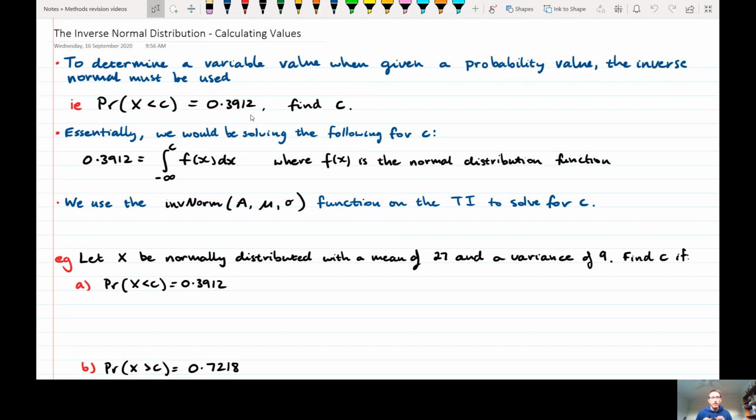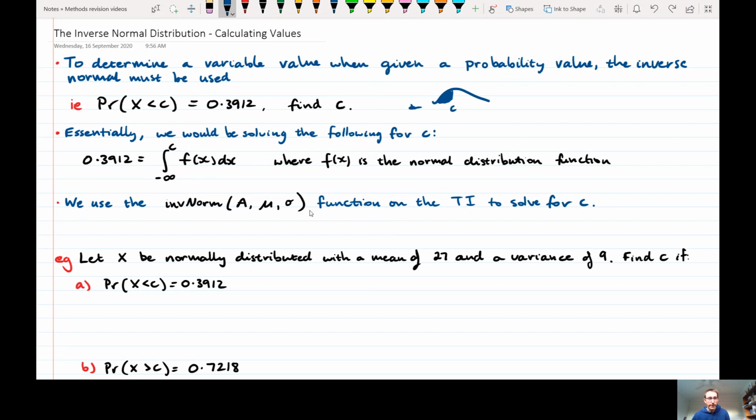When I'm drawing a bell curve, there's some value, maybe C is there. I know that area is 0.3912. So I have to find the integral from down this end up to C of the function and put it equal to 0.3912 and then solve for C.